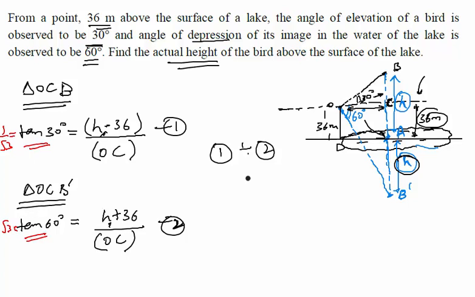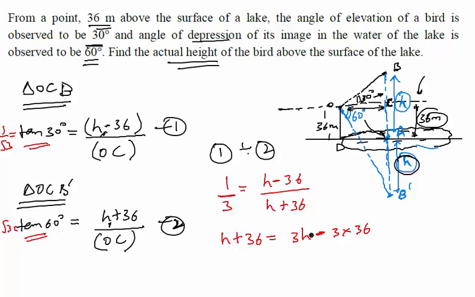So if you divide these two equations, you should get 1 by 3 in the LHS, right? What happens in RHS? In RHS, you get h minus 36 divided by h plus 36. OC in numerator and denominator gets cancelled. So let us just cross multiply and try to simplify this equation. This will give you h plus 36 is equal to 3h minus 3 into 36.